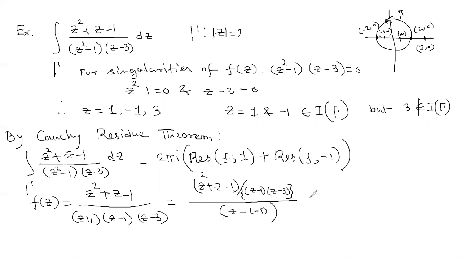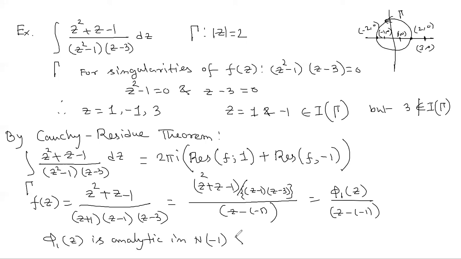That means this is our phi 1 of z over (z + 1), where phi 1 of z is analytic in the neighborhood of −1, and phi 1 of −1 is not equal to 0. If we put z = −1 over here, we'll get it is not equal to 0. So z = −1 is a simple pole.